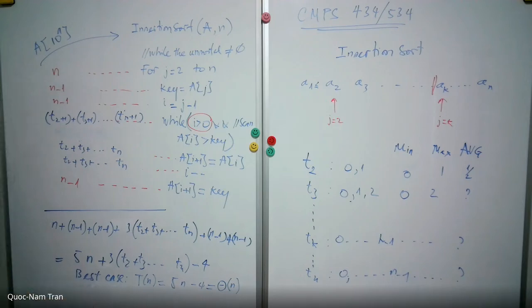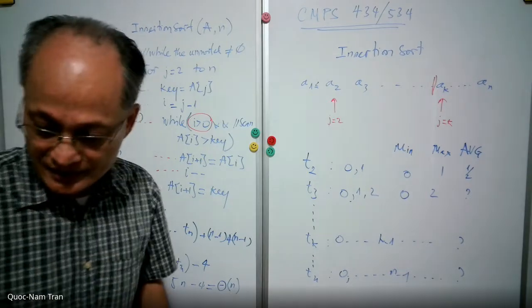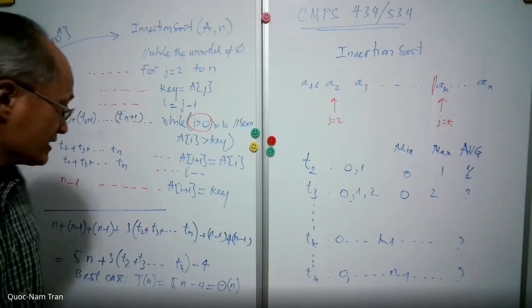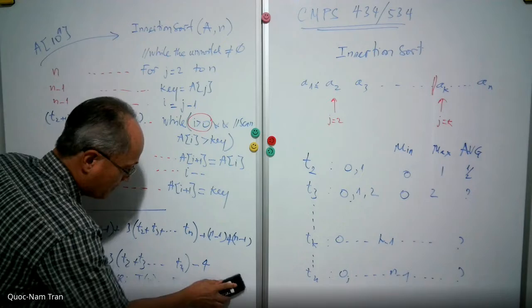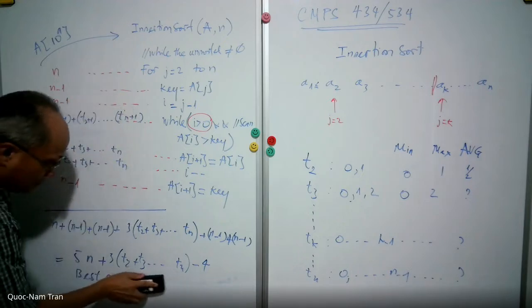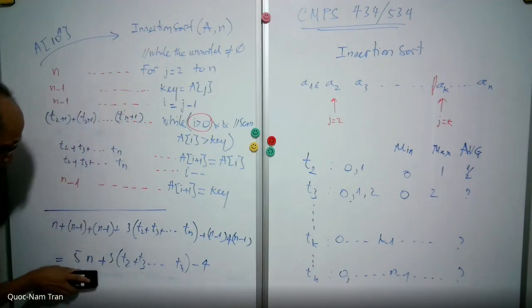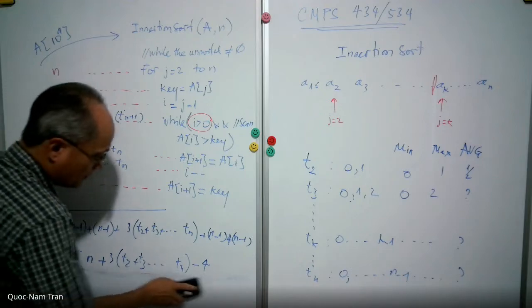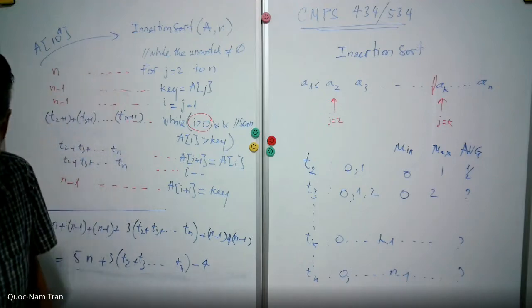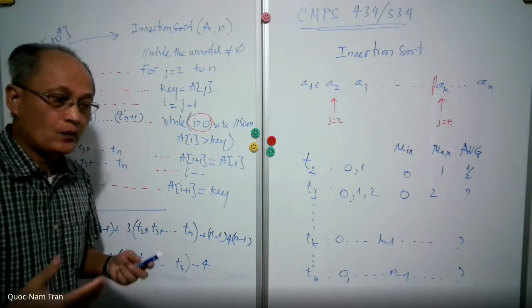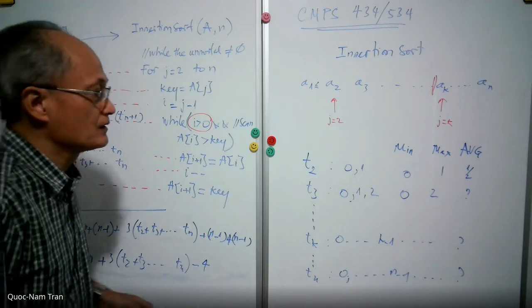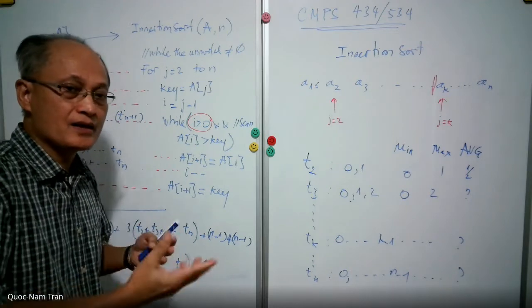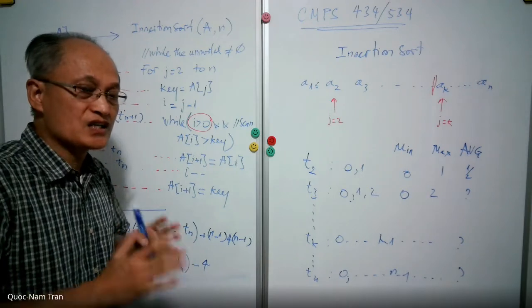All right, very good. So now the second question is, what is the worst case situation? The worst case situation is the case that we normally want to see, meaning we want to see when does the algorithm work slowest.